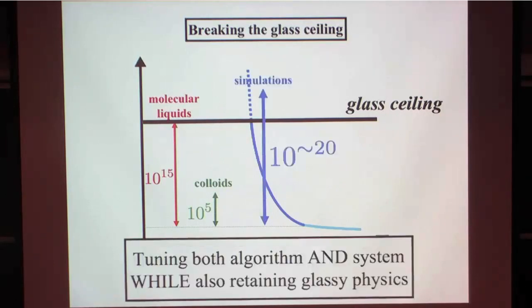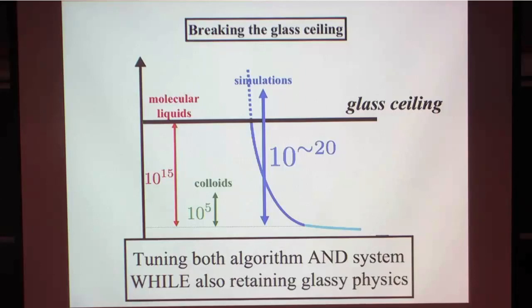But recent progress made it possible for simulation to actually catch up with the experiment and even go beyond what was accessible before. It's called the swap algorithm, and the basic motivation behind this algorithm is that usually you take a system and you try to make your optimizer or sampling algorithm much better to sample more.